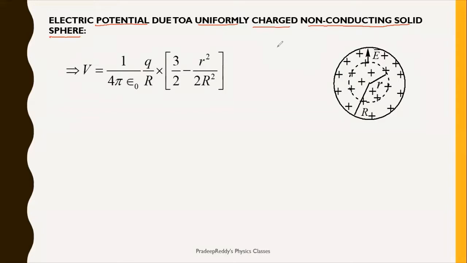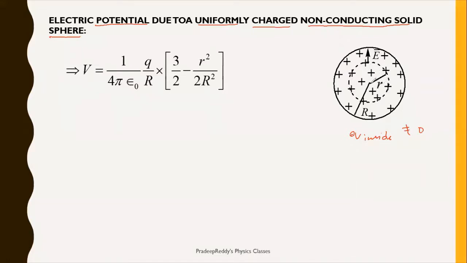For that we calculated electric potential, but now here it is non-conducting material. Charge is distributed throughout, inside also there is charge. So Q inside is not equal to 0. So inside this material there is some charge.